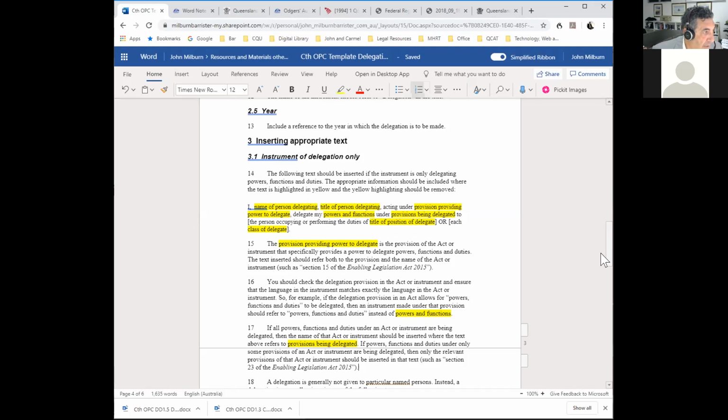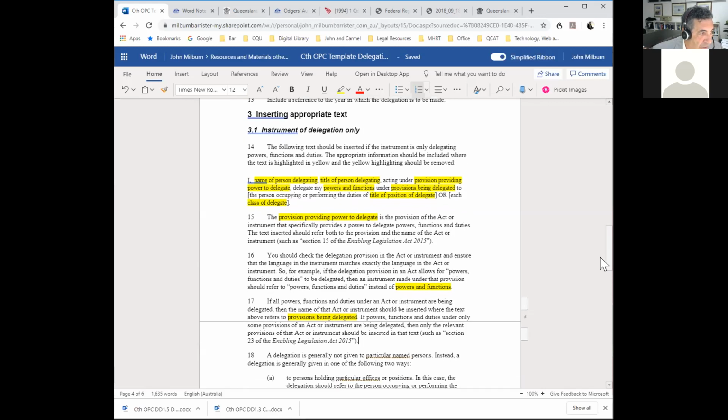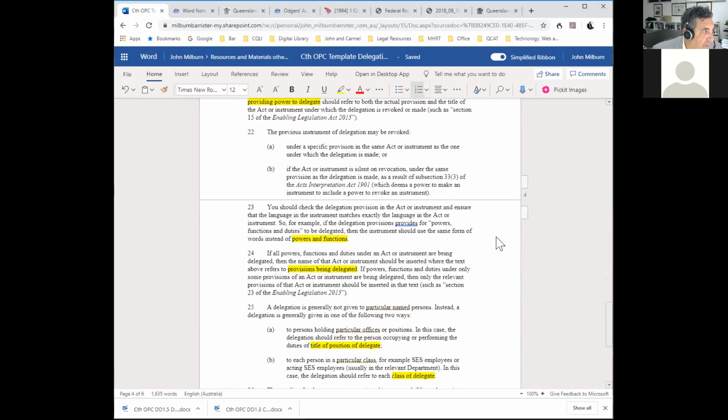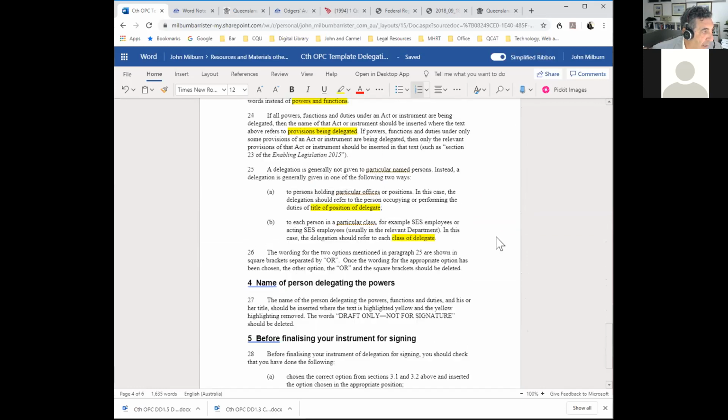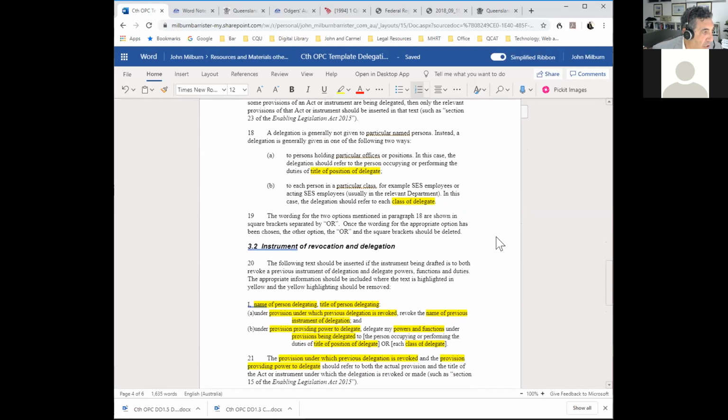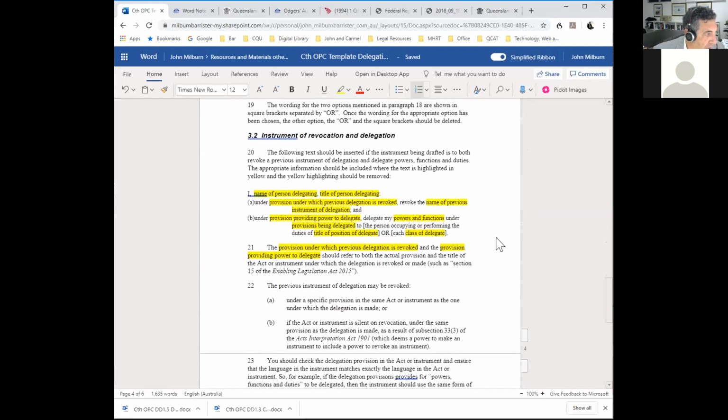And you'll see that it's highlighted in yellow. The yellow highlighting should be removed. So that's the precedent 3.1, and 3.2 goes on to provide for other information in relation to revocation and delegation. So specific precedents there.